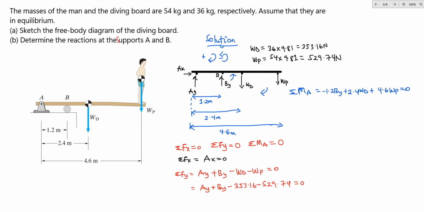Now let's substitute in the values that we have. We are going to have minus 1.2 By, plus 2.4 multiplying 353.16, plus 4.6 multiplying 529.74, and this will be equal to 0.